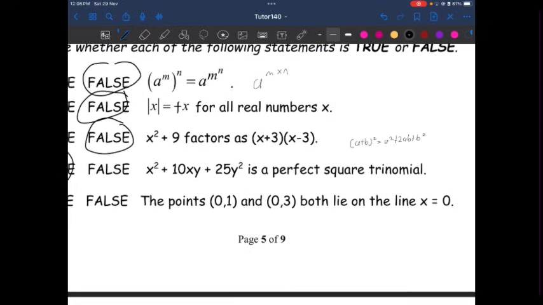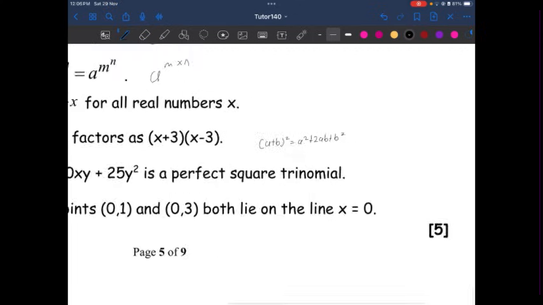So your a would be x, and then your b would be 5y.